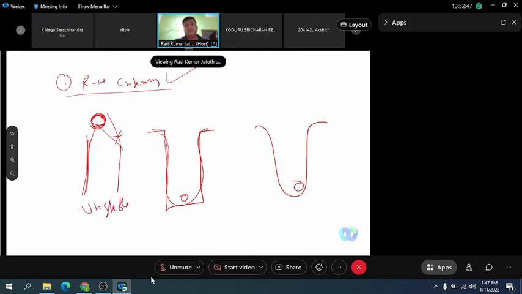And here, however much force you apply, it is so deep that you cannot take the ball out, so the system is called completely stable. Now, when you apply force, because of the shape of this system, up to a certain force the system is stable, but after that the ball will come out.